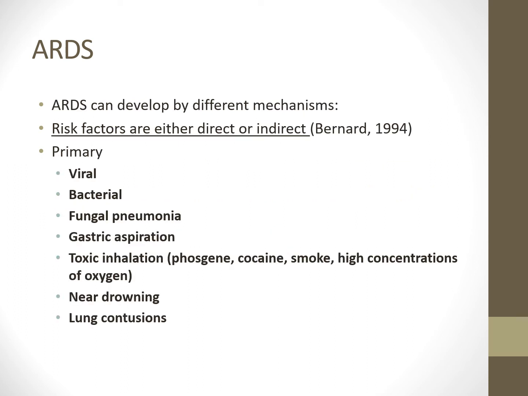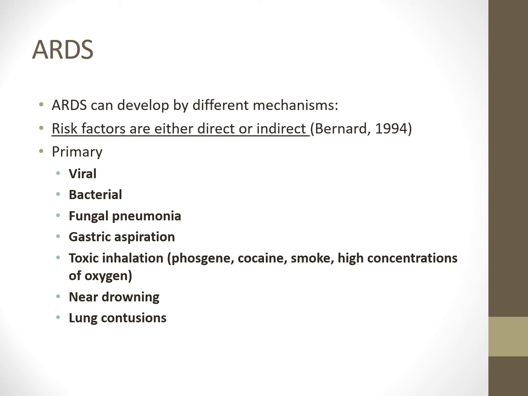So ARDS can be developed by different mechanisms. We're going to look at this as either direct or primary, which are kind of the same thing, or indirect, secondary. In this one we're talking about direct or primary pulmonary, where lungs are mostly consolidated, and the causes can be viral, bacterial, or fungal pneumonia.